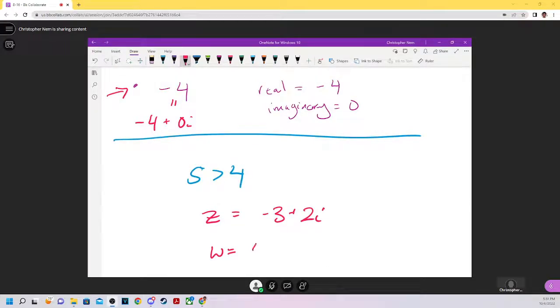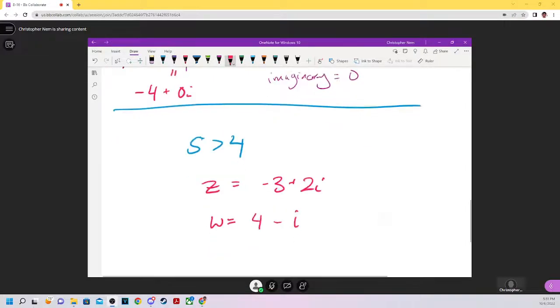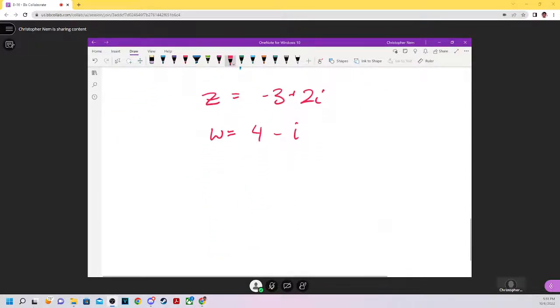You can't tell me which one is smaller than the other. Is z bigger than w? Is w bigger than z? If I look at the real component, w has a larger real component. If I look at z, z has a larger imaginary component. So which one is bigger? You can't make that distinction. There is no way you can impose an order on the complex number system.